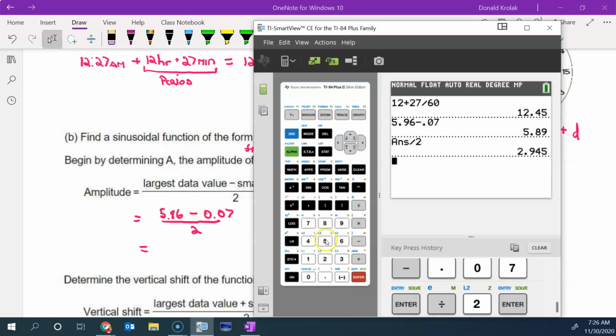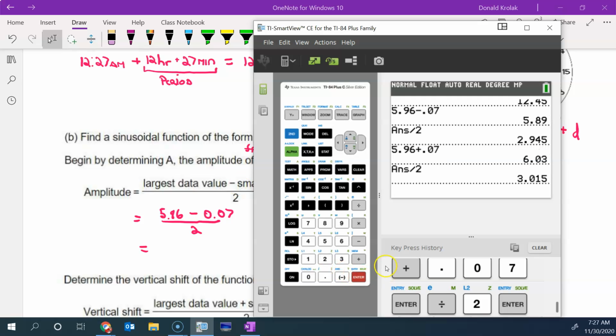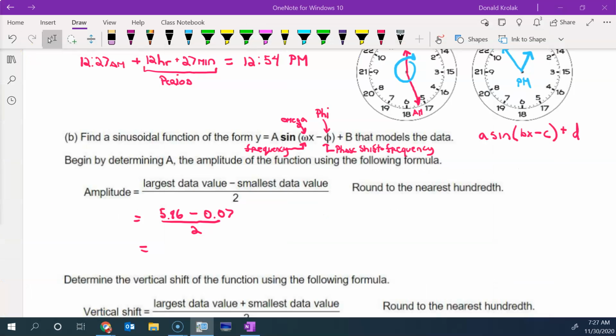And then I'm going to add them to get the midline, so I'll do that while I'm up here. 6 plus 0.07 divided by 2. So there's our values. This guy is going to be 589.